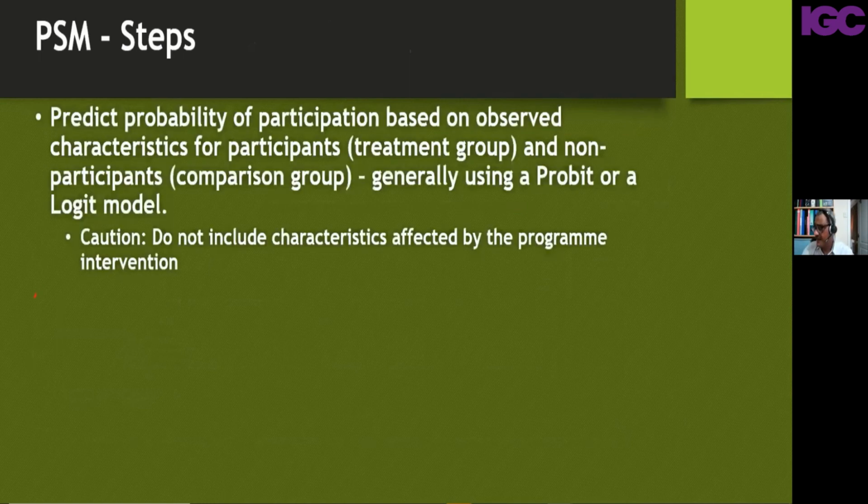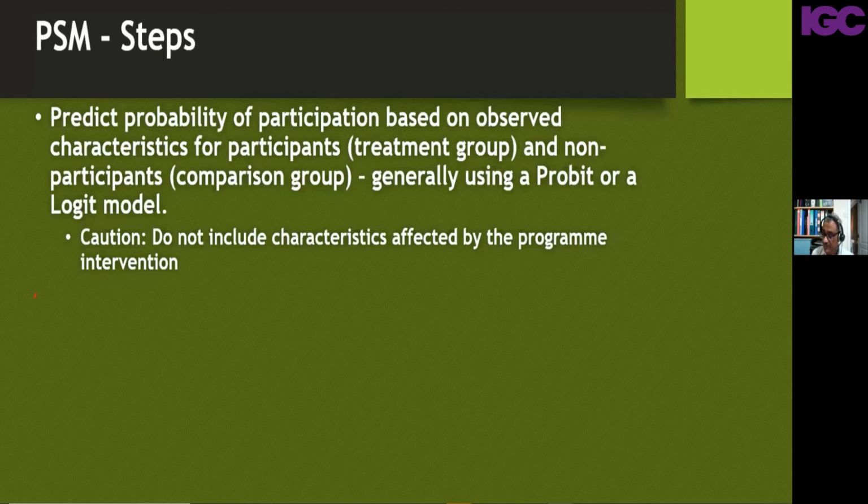So in the first step, we predict the probability of participation based on observed characteristics for participants, that is the treatment group, and the non-participants, the comparison group. And this is usually done using what we call a logit or a probit model, in which the dependent variable is a 0 or 1 variable.